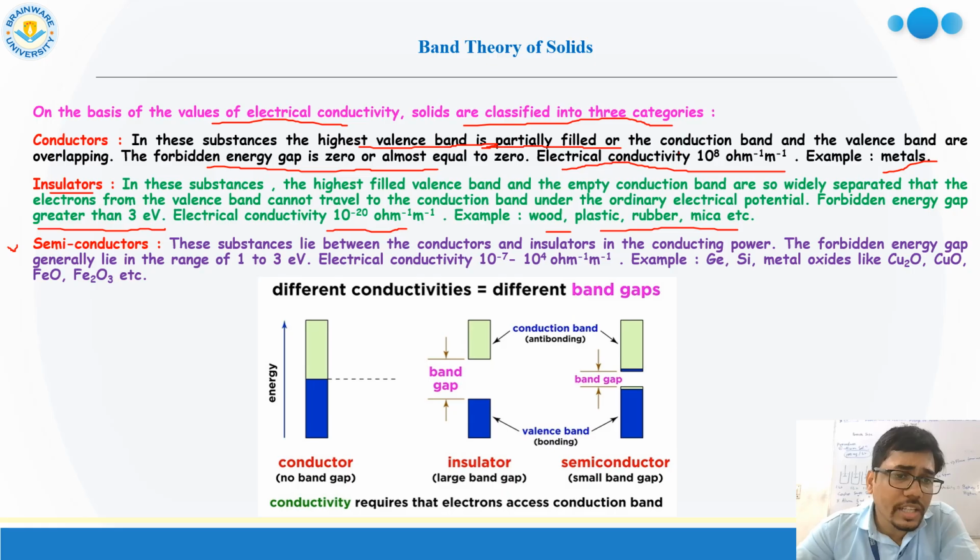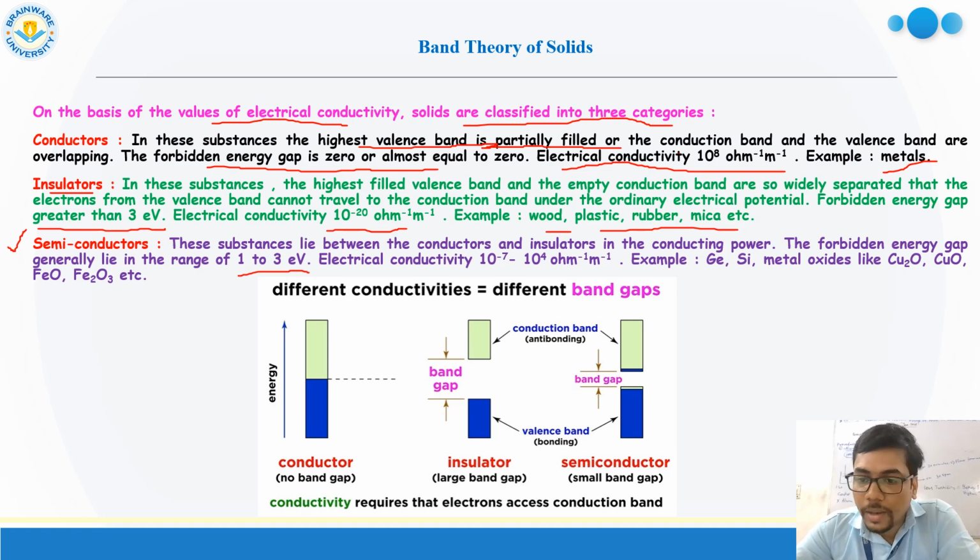And another substance is called a semiconductor. In this case, the forbidden energy gap is not like a conductor, that is zero, and not like an insulator, that is greater than 3 electron volt. It lies in between 1 to 3 electron volt.